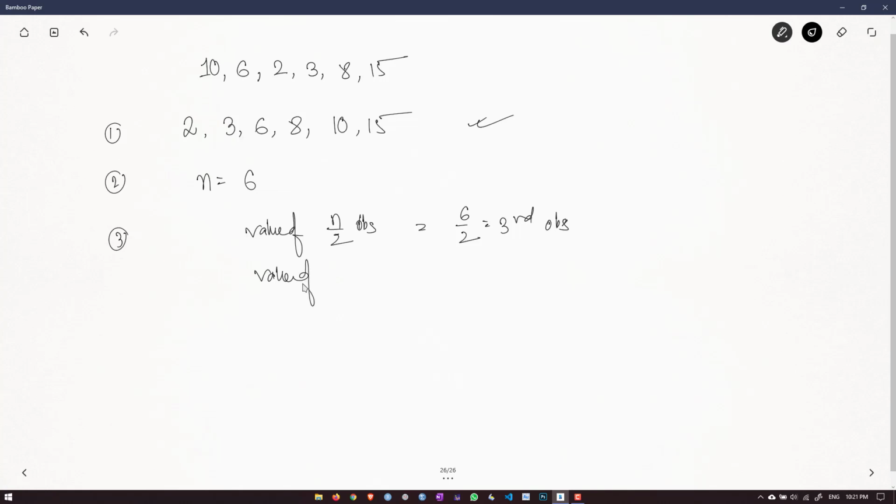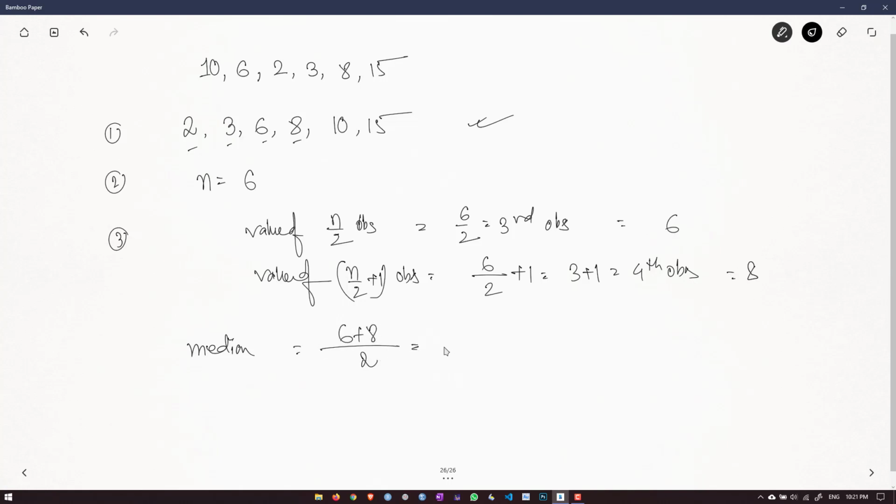And the value of n by 2 plus 1 observation: 6 by 2 plus 1, that means 3 plus 1, that is the fourth observation. Now the third observation is 1, 2, 3, that means 6. The fourth observation is 8, right? So median will be the average of these two values. Median will be 6 plus 8 divided by 2, that means 14 by 2 is 7.